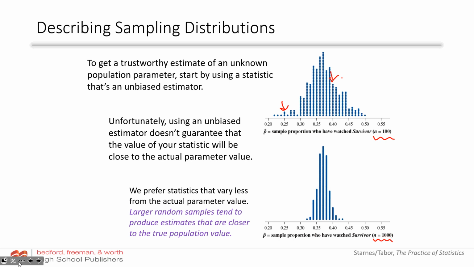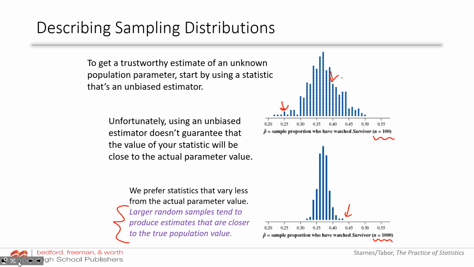If I have a bigger sample, my sample should be more representative of the population, meaning my p-hats should be closer to the actual p-value, to the actual population proportion of people who watch Survivor, right? So in purple here, larger random samples tend to produce estimates that are closer to the true population value. There's still going to be sampling variability.